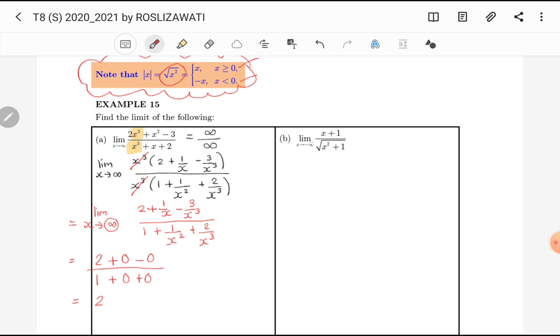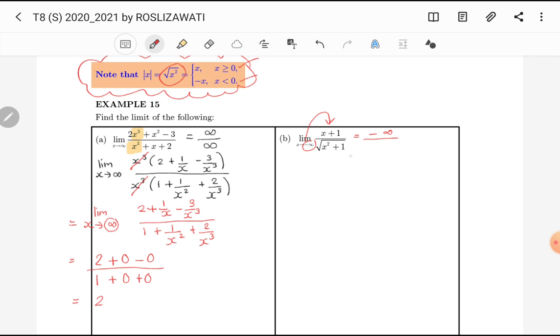Okay, so kita akan ganti negative infinity inside. Okay, so kalau awak ganti, awak akan dapat negative infinity plus 1. So, the answer is equal to negative infinity. Plus 1 tu tak ada effect. Ya? And then, divide by, okay, square root of negative infinity square is infinity.